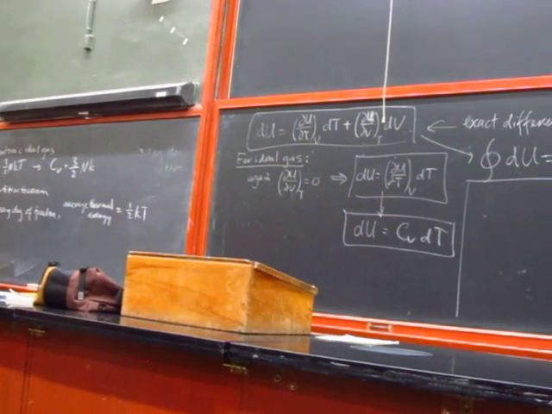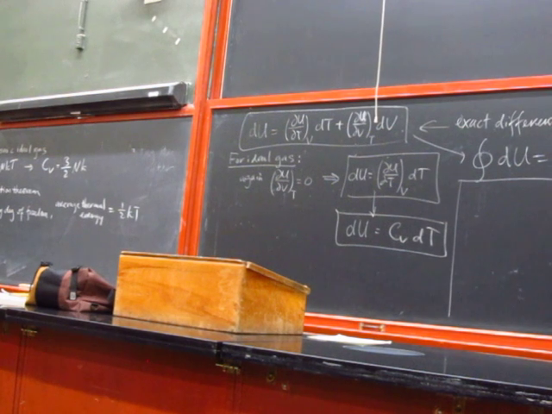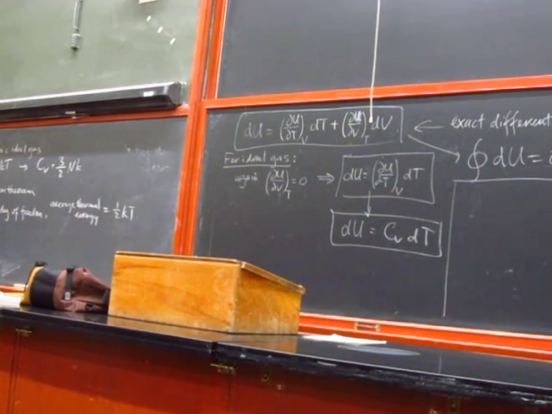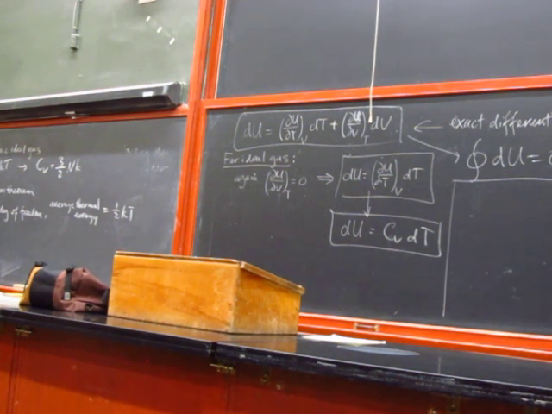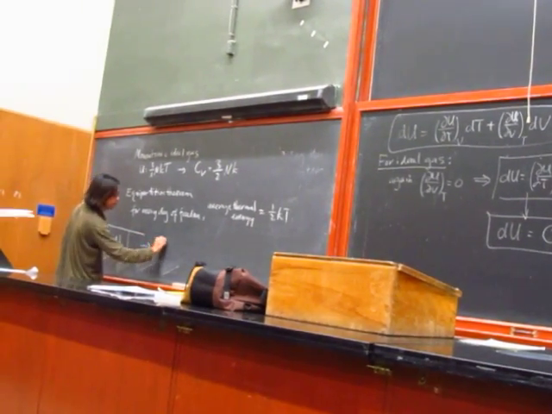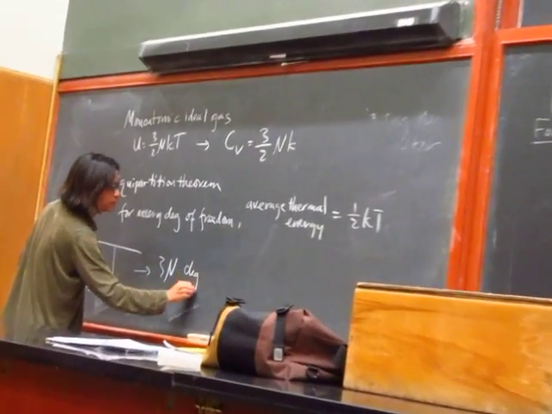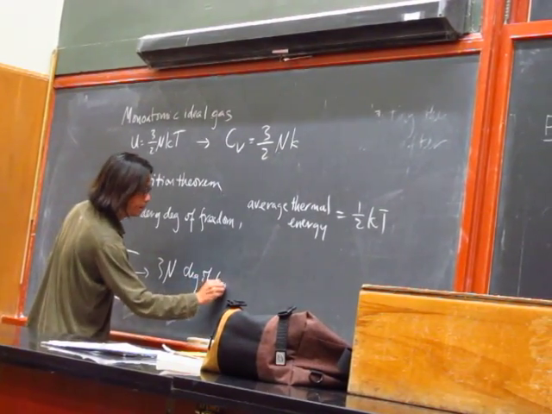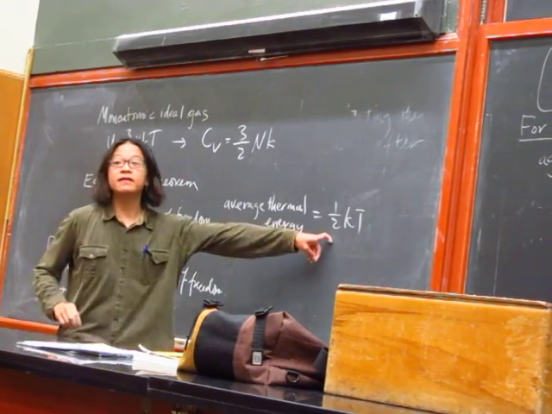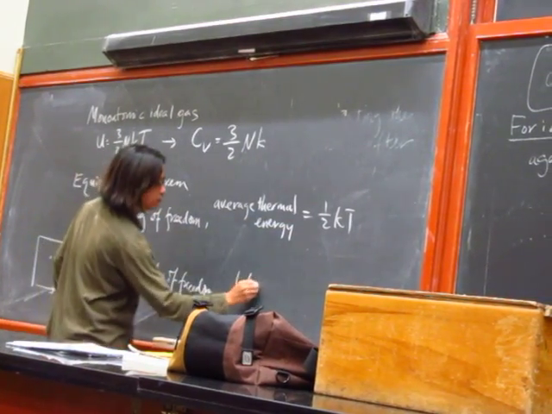And because my system here, the gas, has N particles in there, and three dimensions give 3 degrees of freedom for its kinetic energy, then you have 3N. Okay. And each gets half kT, right? Therefore U is 3/2 kT.